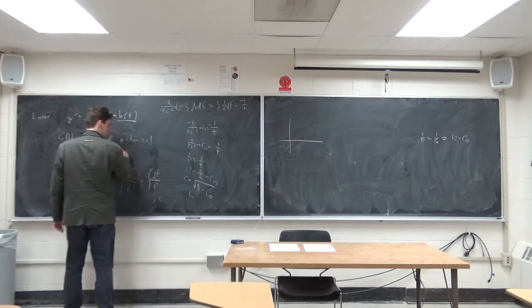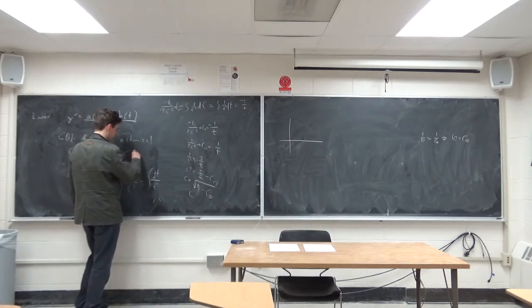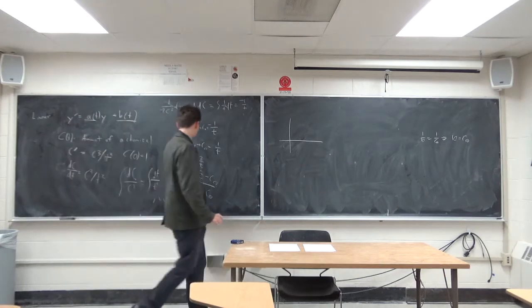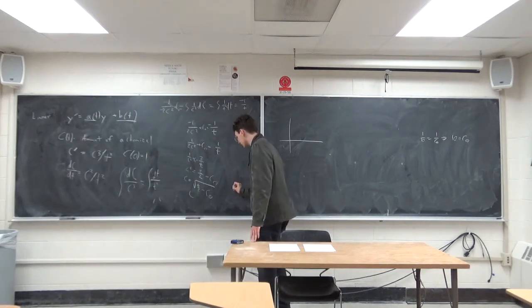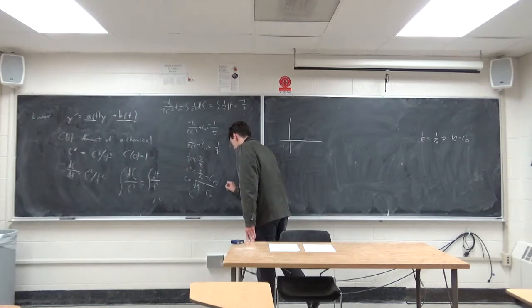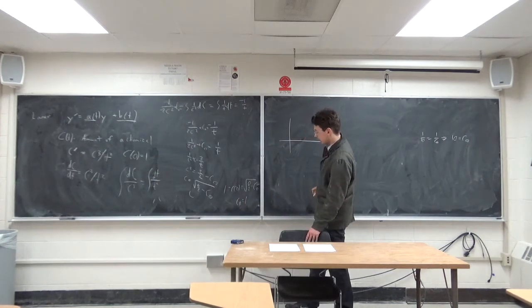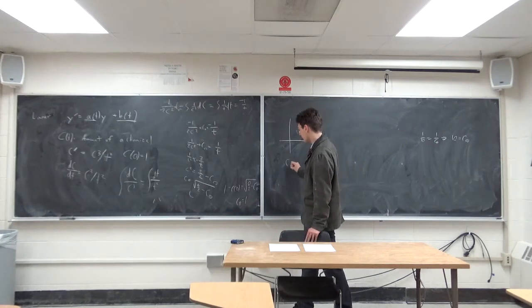So let's do c naught equals 1. In this situation, it would look like c naught equals 1 equals the square root of 0 over 2 minus c naught, so c naught equals 1. Correct. Okay, so let's graph it out here.